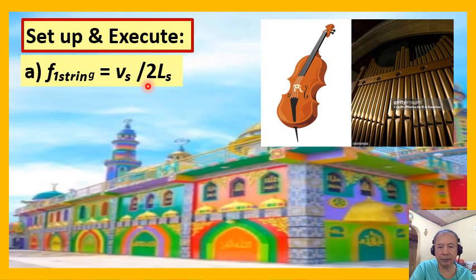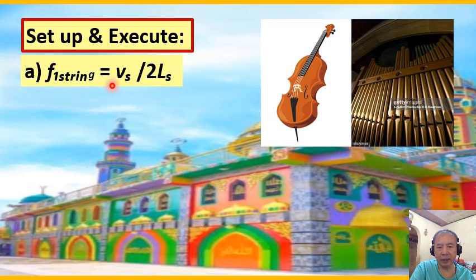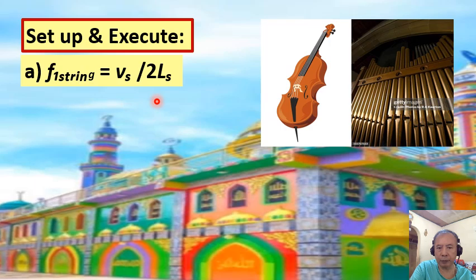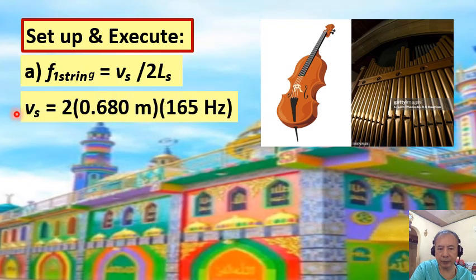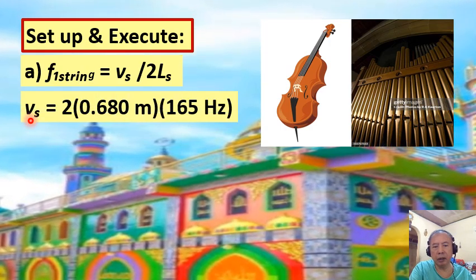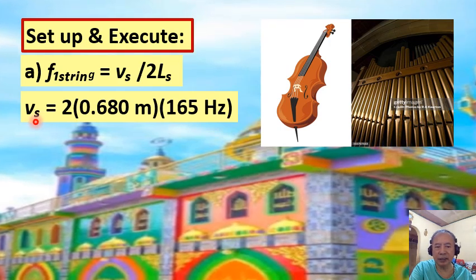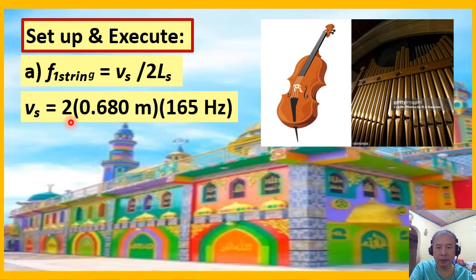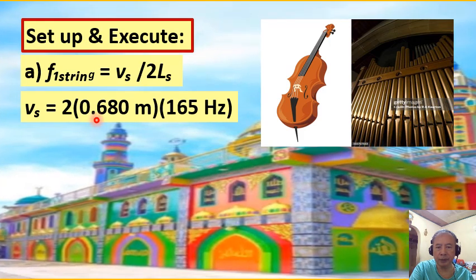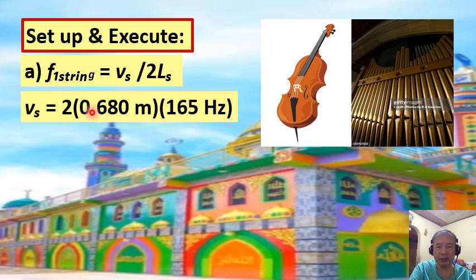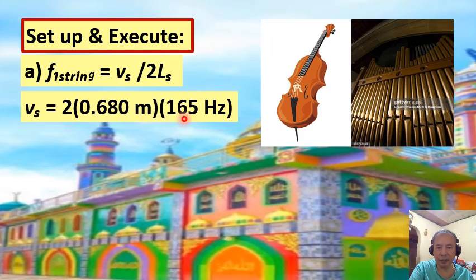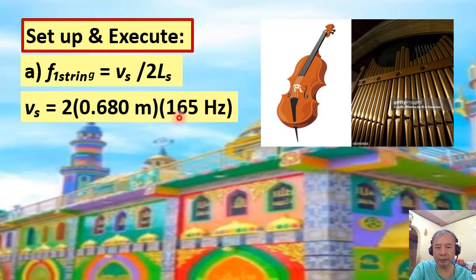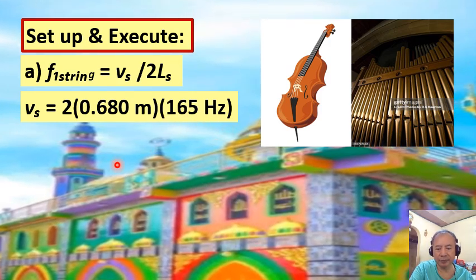So we derive by isolating v sub S and come up with the working formula: v sub S, or the speed of the wave in the string, equal to twice the product of the length of the string, 0.680 meters, and the fundamental frequency, f sub 1, 165 hertz.